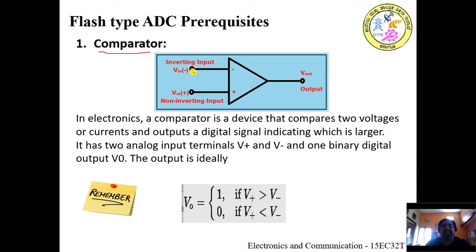One input is indicated with V plus and another with V minus. The V plus indicates a non-inverting input, and V minus indicates an inverting input. So this comparator subtracts the voltage or the current at the inverting input from the non-inverting input.